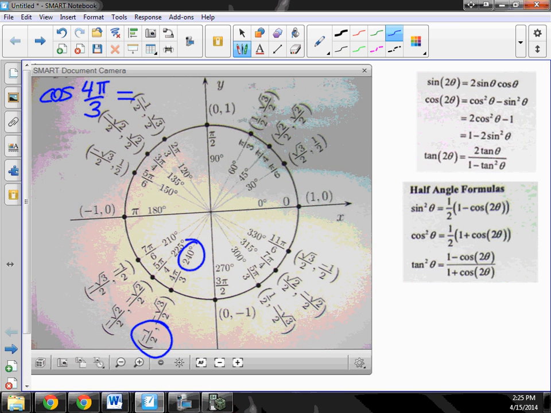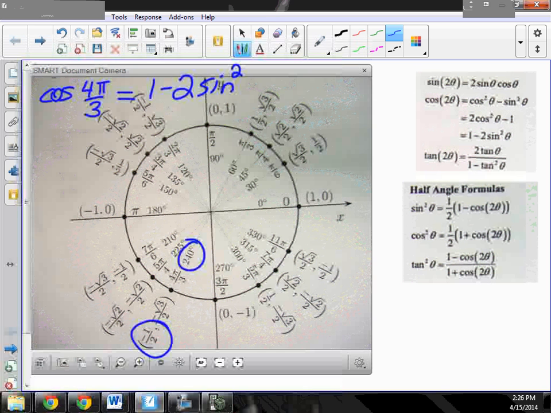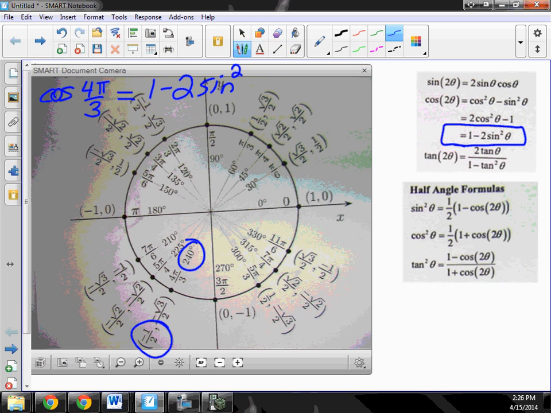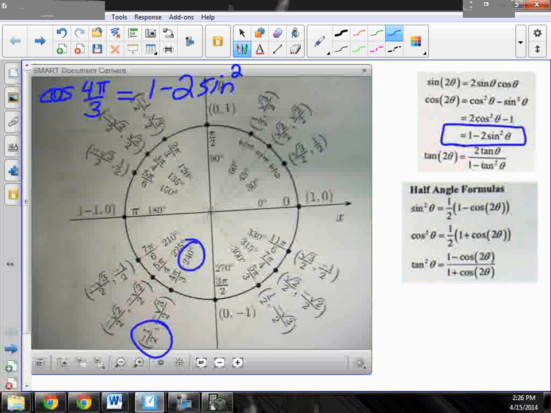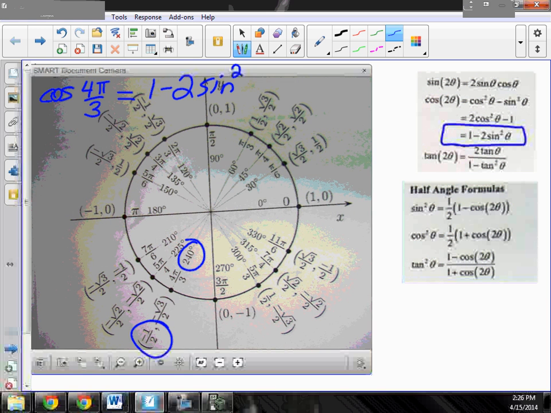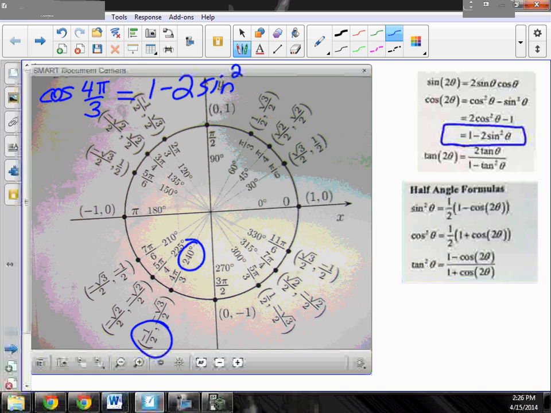So let's do 1 minus 2 times the sine squared of, so we're using this formula here. 1 minus 2 sine squared, what angle is half of 4 pi over 3? 120, or 2 pi over 3.